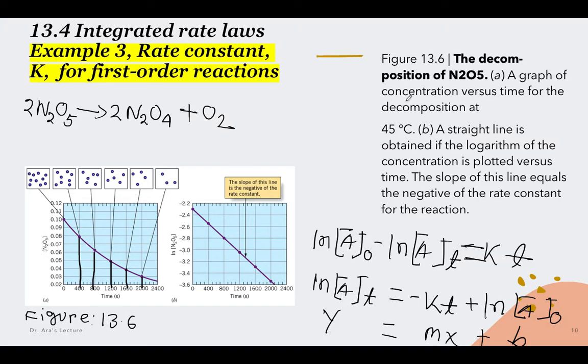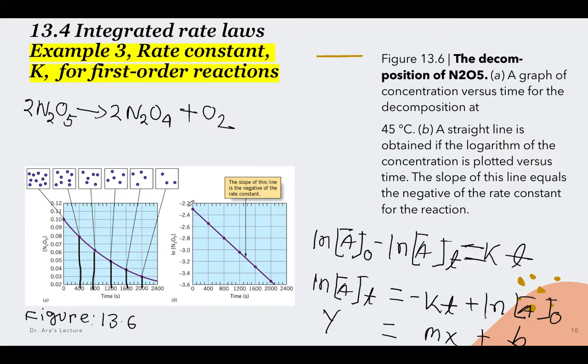So here, this is the decomposition of nitrogen pentoxide, and as we said, in a first order reaction the rate is directly proportional to the concentration of the reactant, so over time.